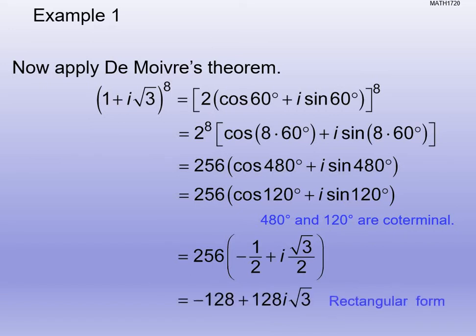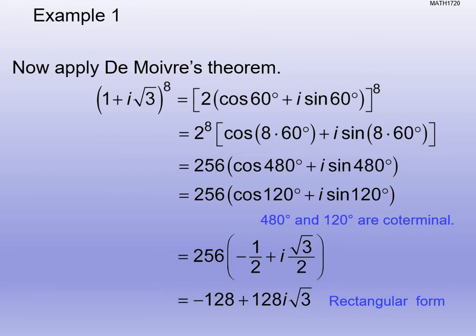Then we can just factor out a 2 in the denominator. So we're going to have 256 divided by 2, which is 128. You can also factor out the negative value, but it really won't change much for us. We end up with negative 128 plus 128 i square root of 3. So that's putting it back in rectangular form. Okay?